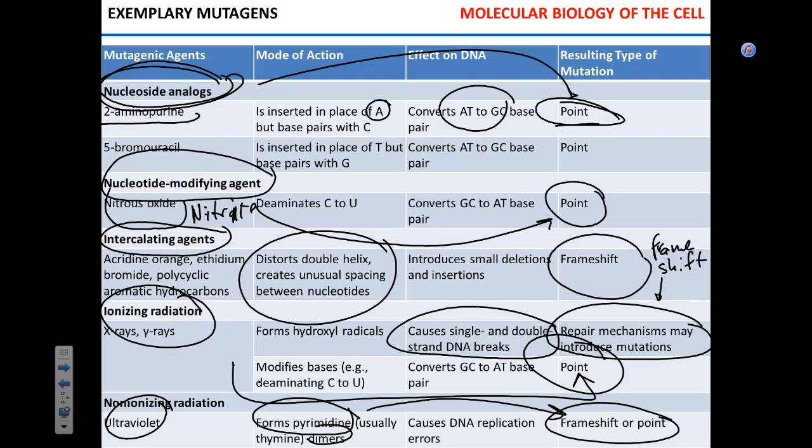Hope not. Are you exposed to nucleoside analogs? You aren't. Are you exposed to acridine orange, ethidium bromide? I mean, if you work in the lab and you really don't take precautions, then yeah, but you're exposed to this. That sounds really scary.